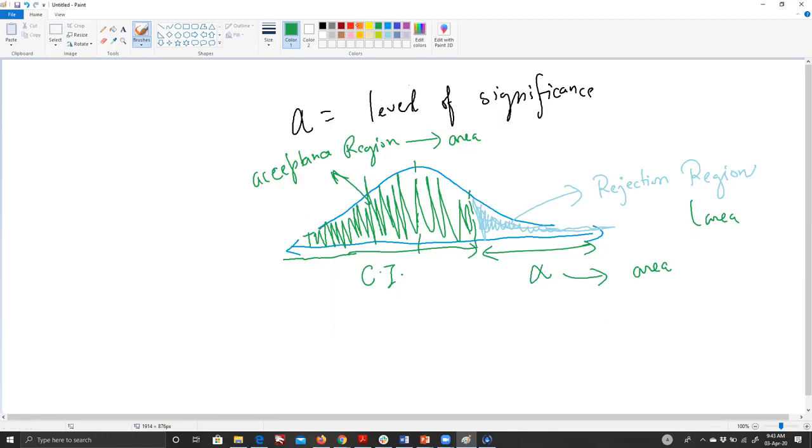So my question is, if a new mu comes, let's represent it by some other color, new mu, and you find its area from here till infinity, or whatever the upper tail or lower tail problem is, you can get this p-value. So what we are saying is if the p-value is less than alpha, or even equal to actually, you can reject the null hypothesis.